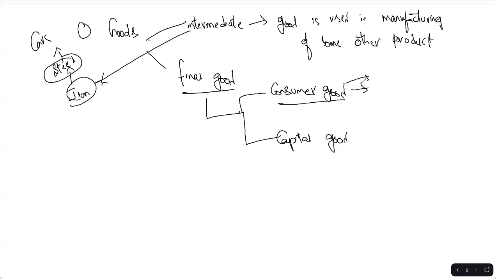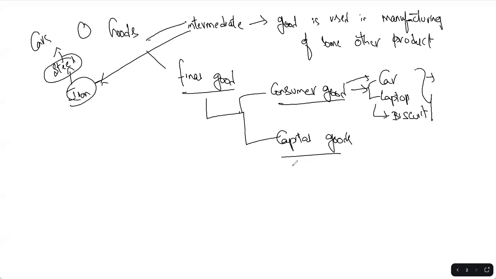So when it is purchased, it will be consumed. Like say anything like say your cookies, biscuits, or even your cars, everything. It does not go any kind of processing stage. Okay, it can be a car, it can be your laptop, it can be a biscuit or chocolate, anything. It is not going into the further process of manufacturing. It is consumed directly.